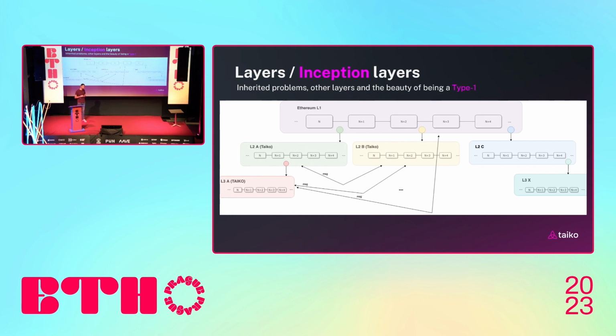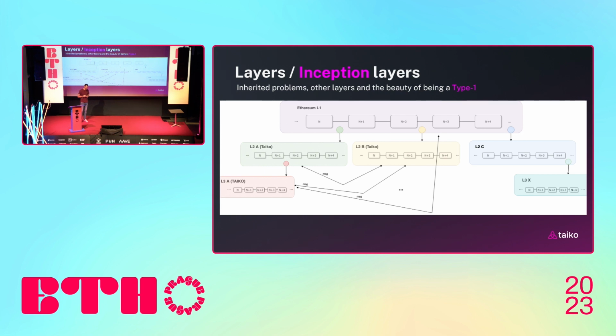Our client is able to verify the Ethereum block. So we can launch layers within layers recursively, even deeper than layer 3s, very easily. That's the concept of inception layers.